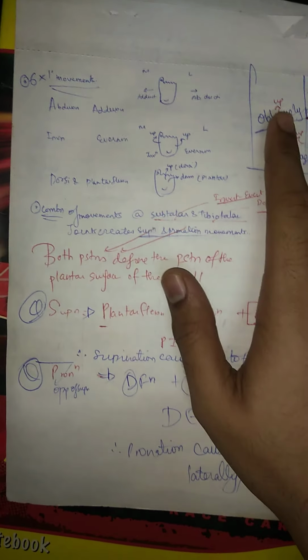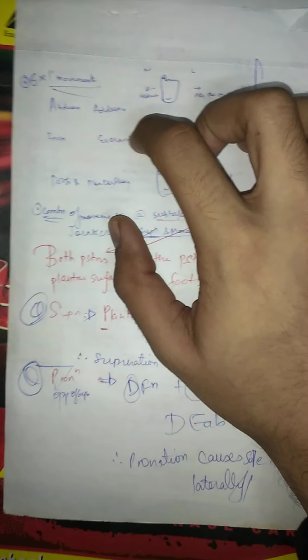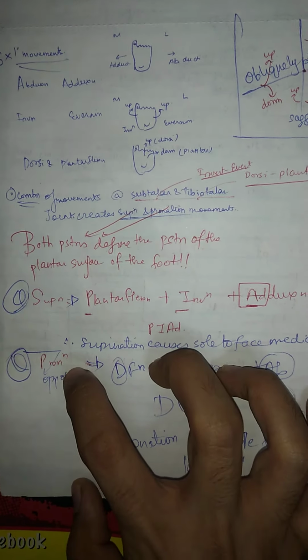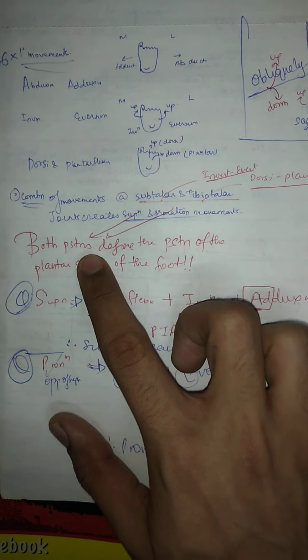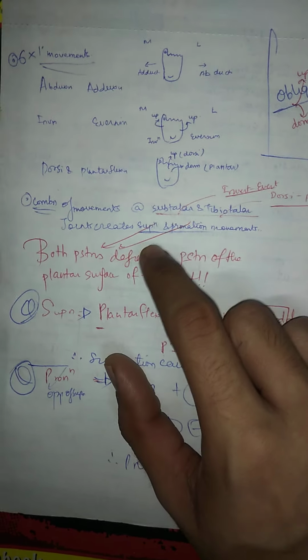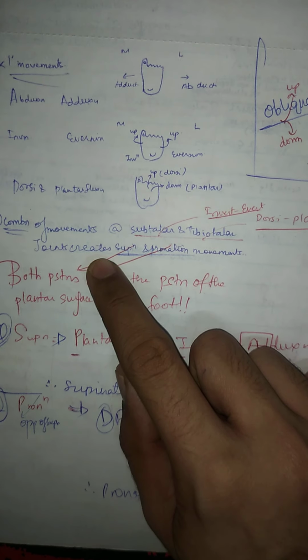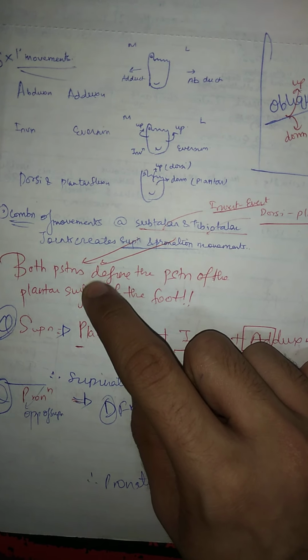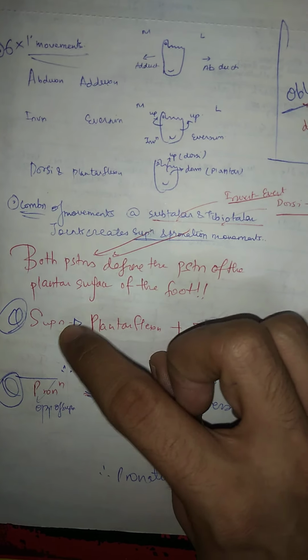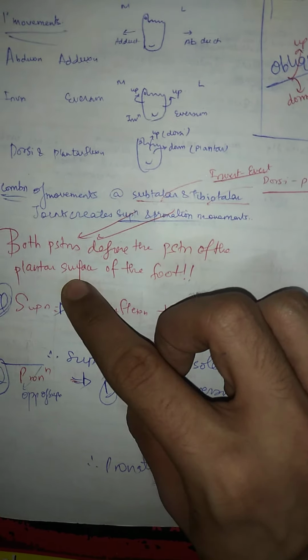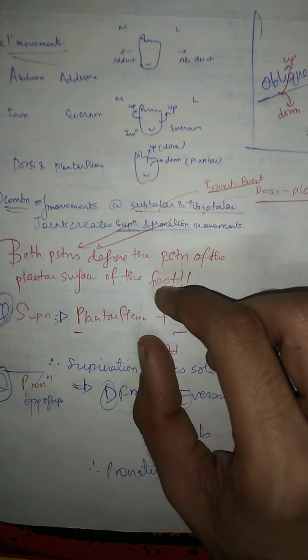When you combine all these movements, we have two compound movements, supination and pronation. Please remember that both of them occur predominantly at the subtalar and tibio-talar joints, and both of these positions define the position of the plantar surface of the foot.